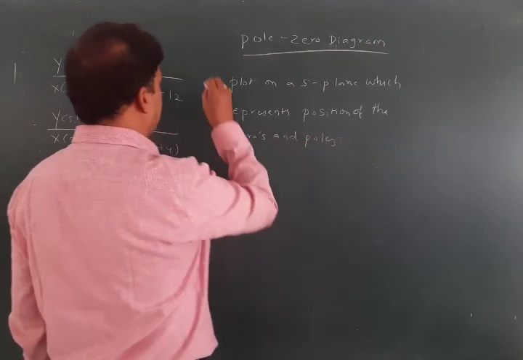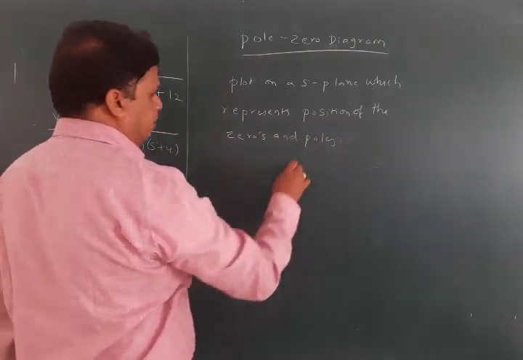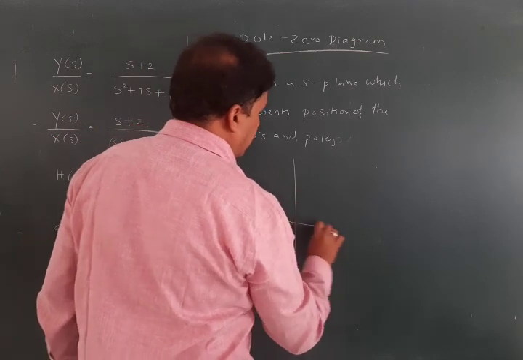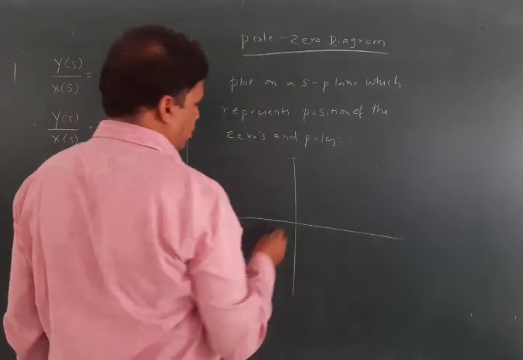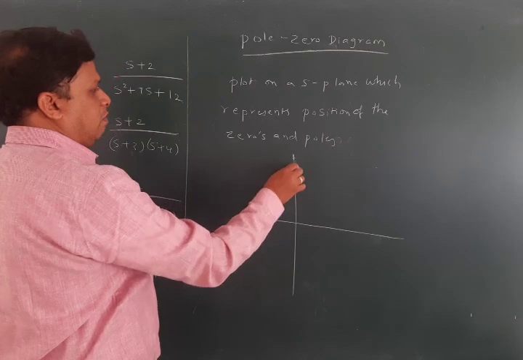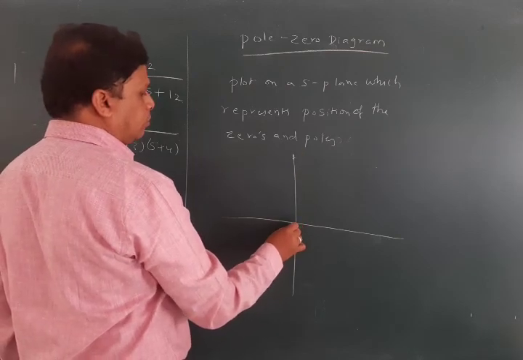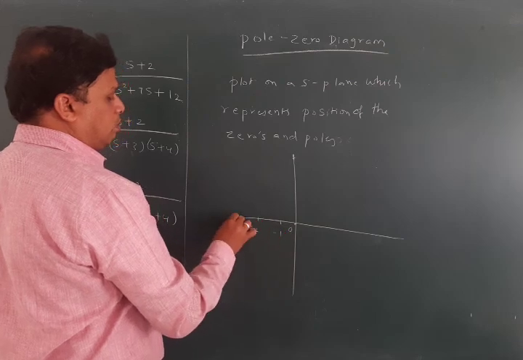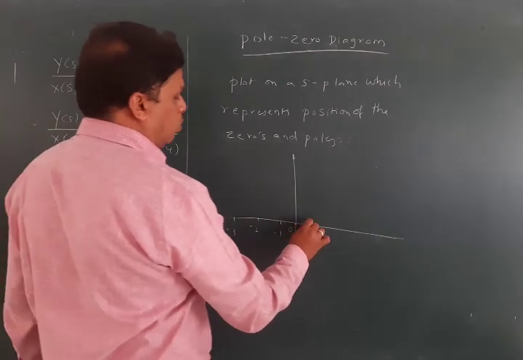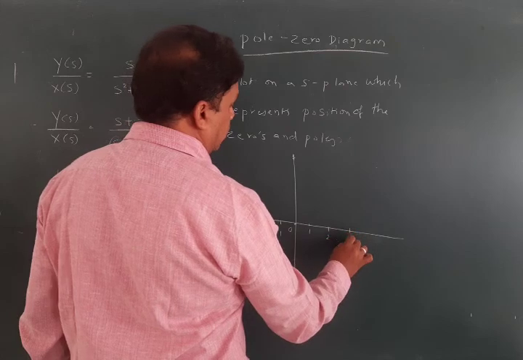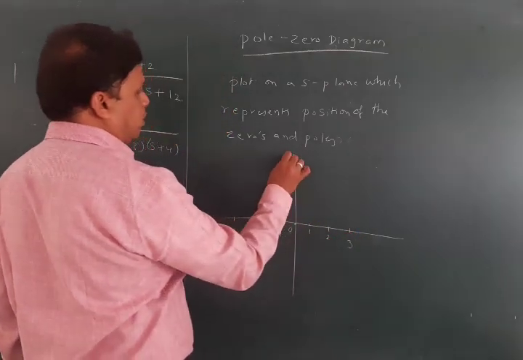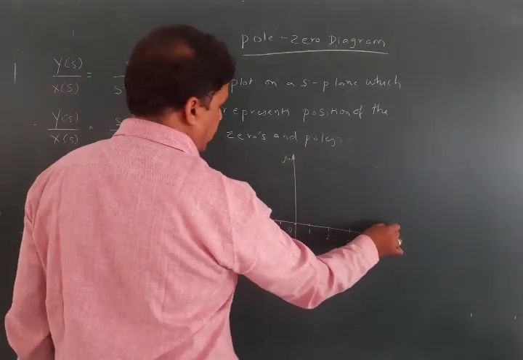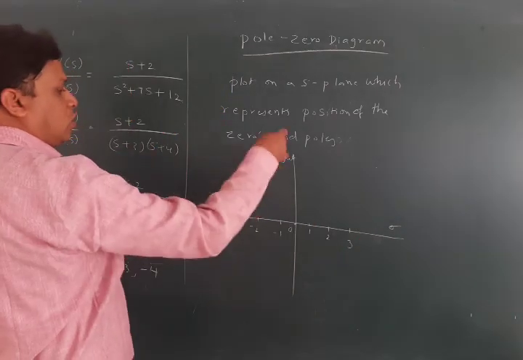So we will see what the S-plane is. It is an S-plane drawn, and here you can plot the values. 0 here, and -1, -2, -3, like that, 1, 2, 3, and here the j omega values, with sigma values, we can consider. These are real values, these are complex values.